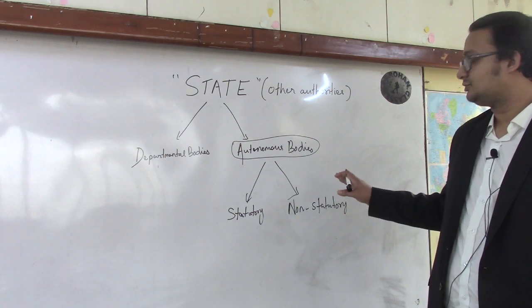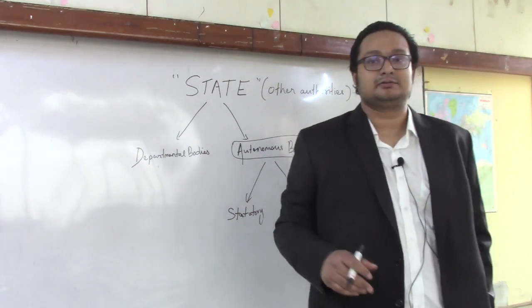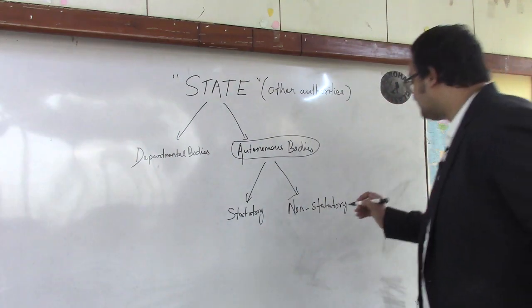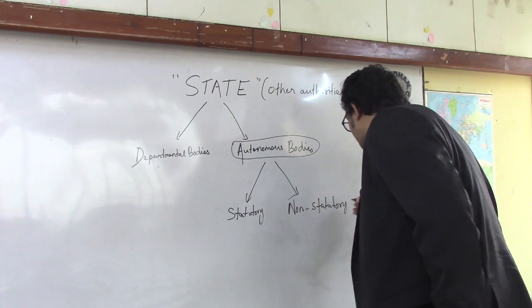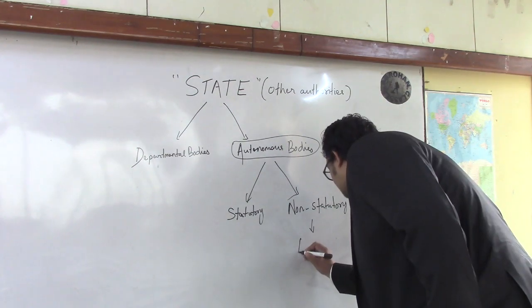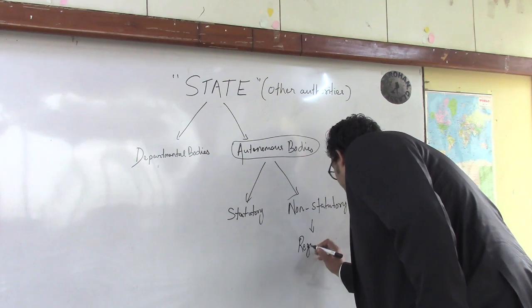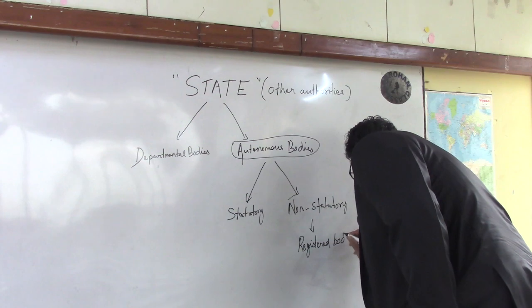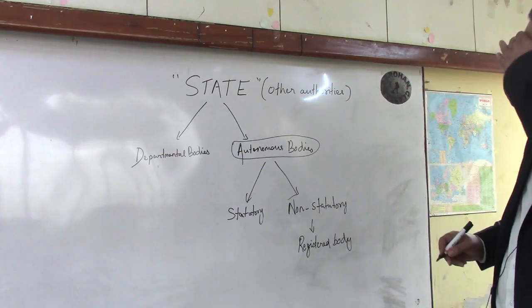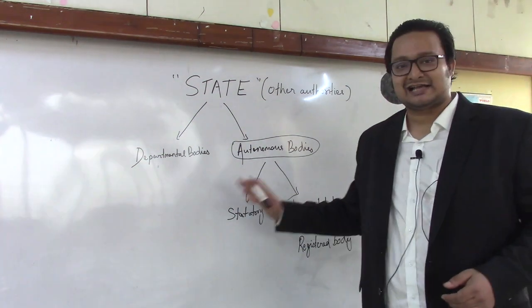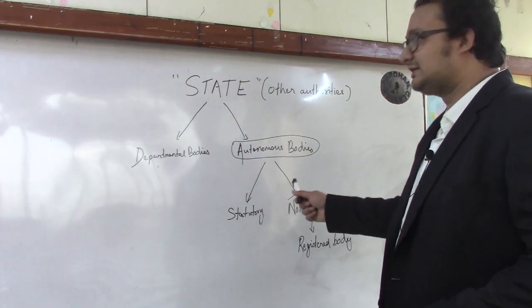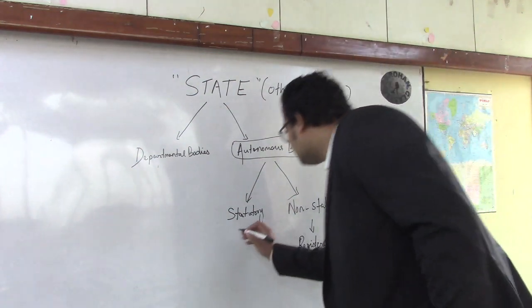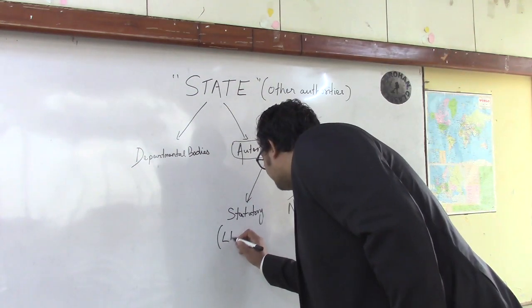And a non-statutory body is anything that, mostly, is a registered body. An example of a statutory body, and this is directly related to one of the cases we'll be discussing, Sukhdev versus Bhagat Ram, is your LIC.